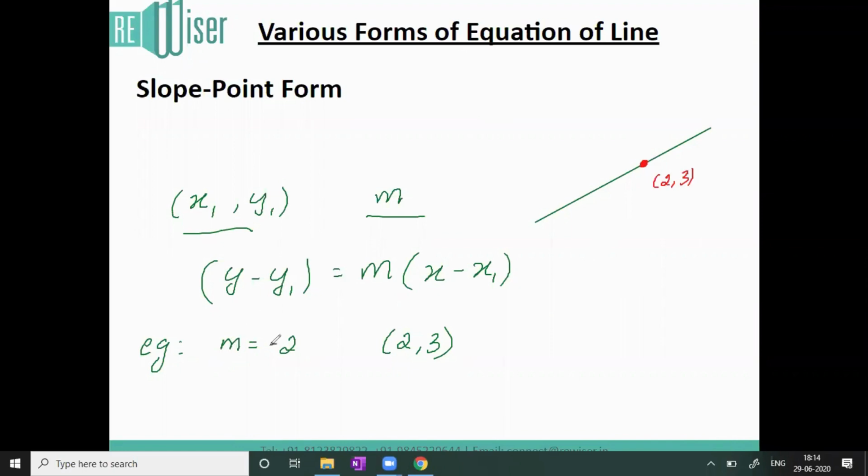Since it has a slope of -2 and passes through the point 2, 3, the equation of the line in slope-point form is going to look like this. This is my x1 and this is my y1. So it will be y minus 3 equals -2 into x minus 2. This is known as the slope-point form.